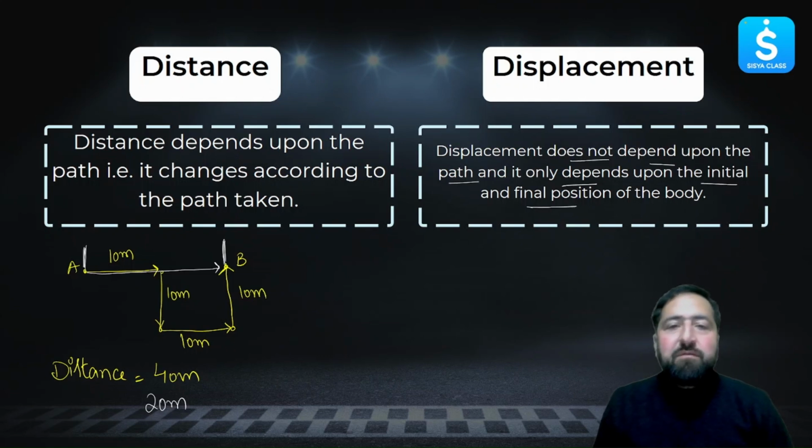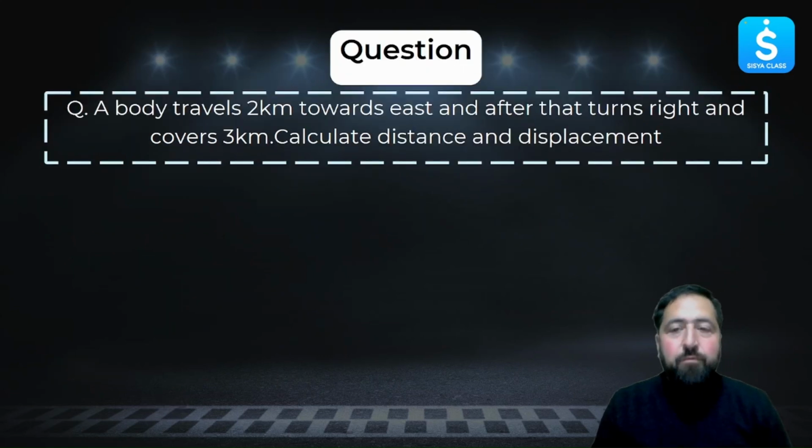Now let us solve one question on it. The question is saying a body travels 2 kilometers towards the east. That's nice. So it covers 2 kilometers towards the east, and if we do not know the direction, this is how you go for it: north, south, then west, and then east.